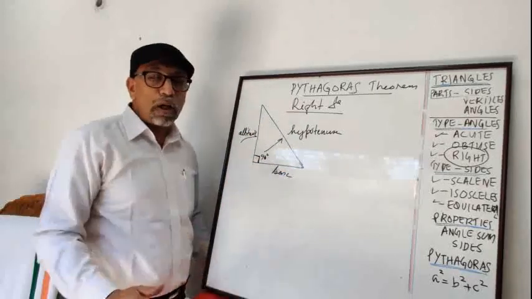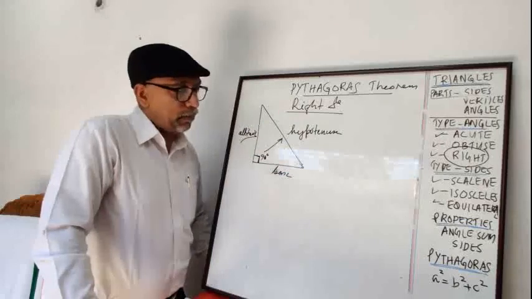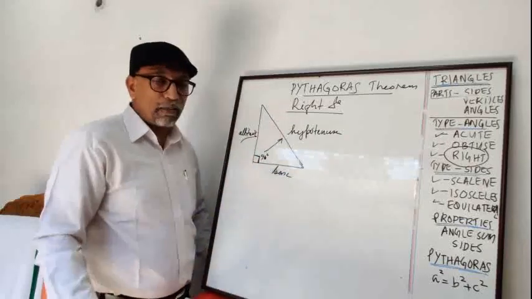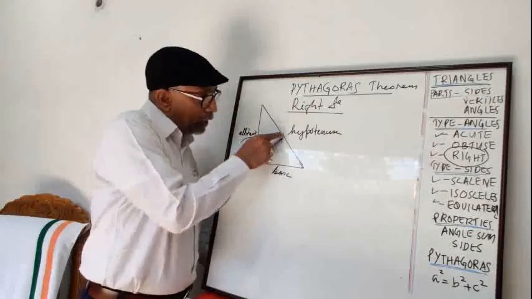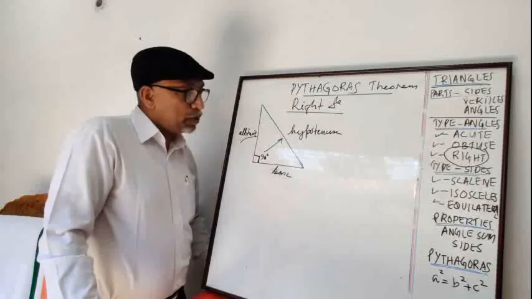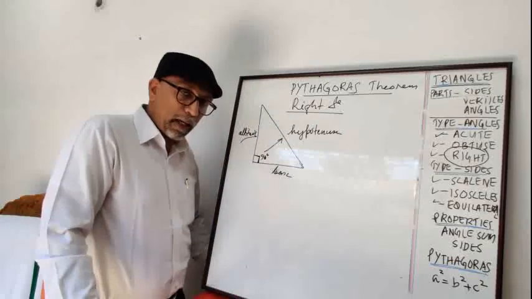This is the longest side of the triangle. Whichever way you keep the triangle, up or down, the side opposite to the 90 degrees is called the hypotenuse. So the hypotenuse is the most important side of a right triangle.